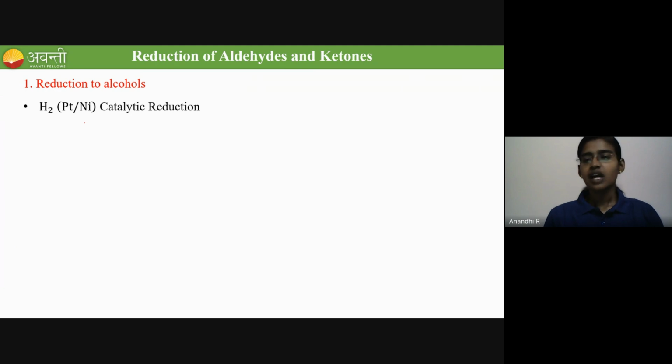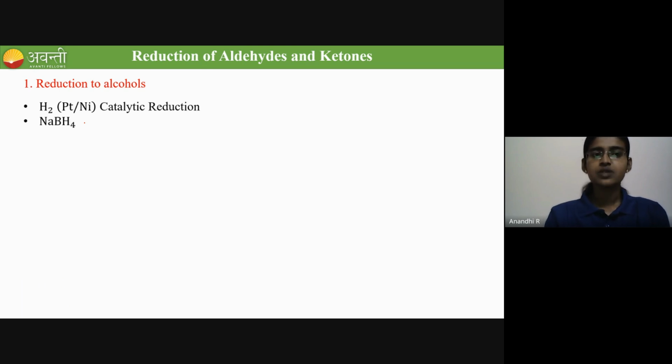So we have to use the reducing agents for this reduction purpose, right? The first reducing agent that we are using here for the reduction of aldehydes and ketones is hydrogen, catalytic hydrogenation. That is, we are going to add the hydrogen in presence of catalysts like platinum, nickel, etc. So this is called catalytic reduction.